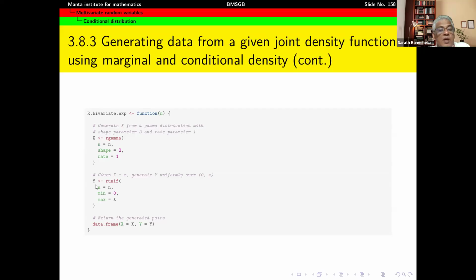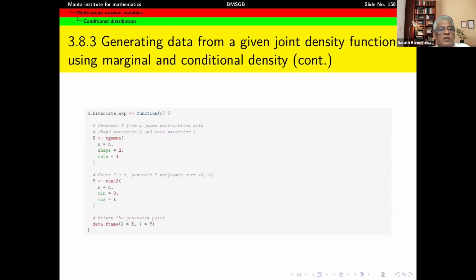And then for each of those x values, I need one random number from a uniform from 0 to that x. And then for the next x also, I need one observation from a uniform 0 to that x, and so on. So x is a vector here.